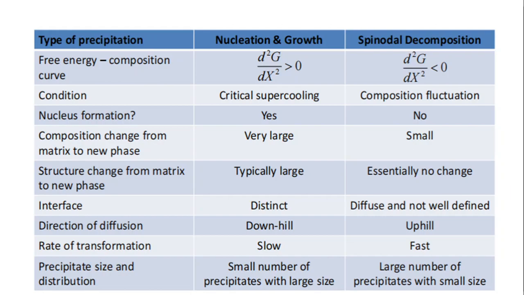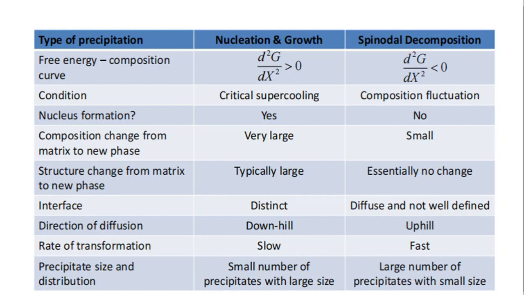The free energy versus composition curve in the case of nucleation and growth has d²G/dX² greater than 0, that is, the curvature of the Gibbs free energy with composition is positive for nucleation and growth. For spinodal decomposition, the curvature is negative, that is d²G/dX² is less than 0.